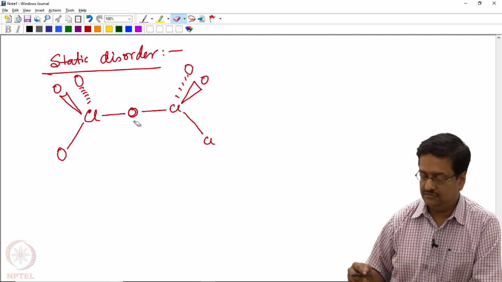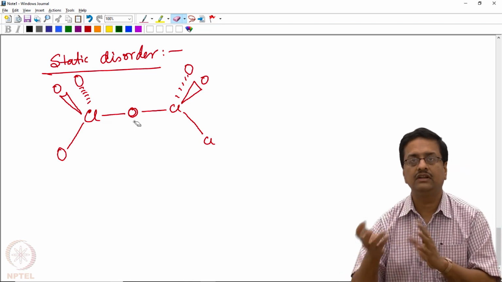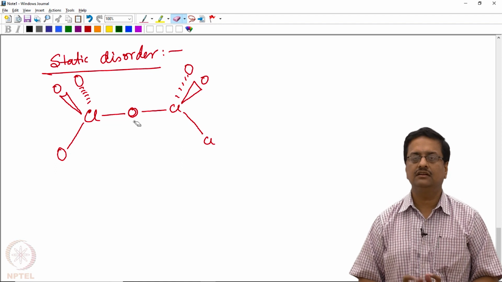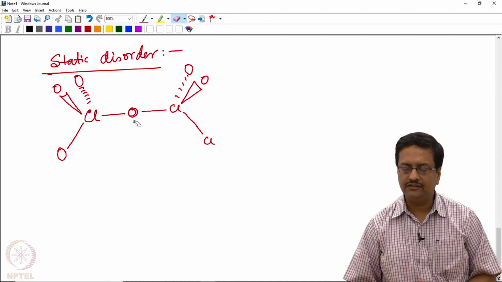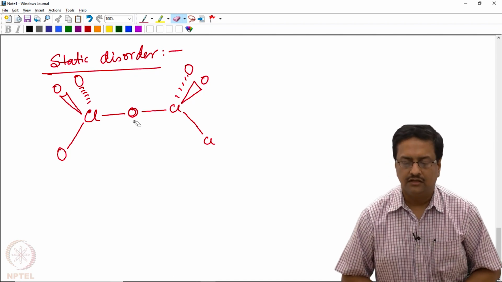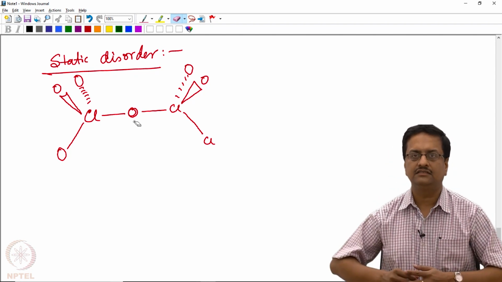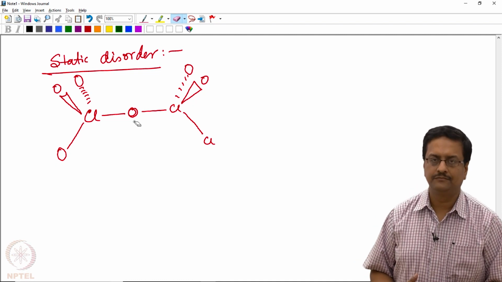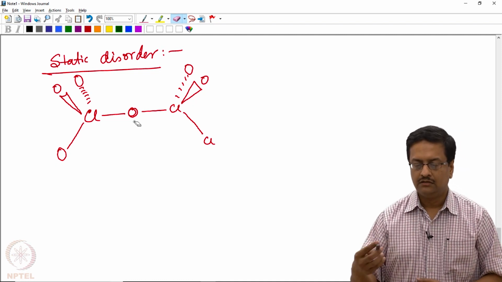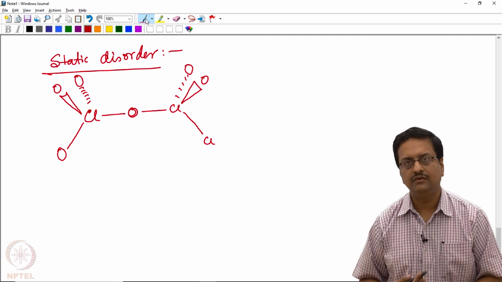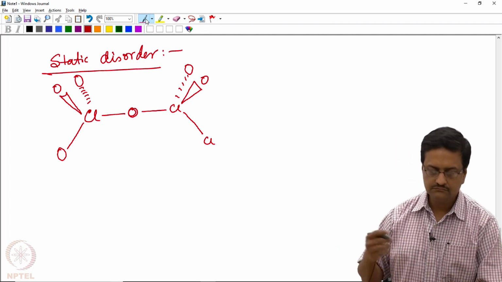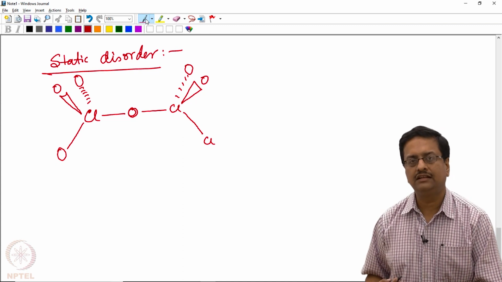And these 2 different orientations of the perchlorate are not a result of thermal motion. It is an intrinsic disorder that is present in the lattice. So, the perchlorate anion at different sites is oriented in different ways. This particular type of disorder cannot be lowered or reduced or removed by lowering the temperature.